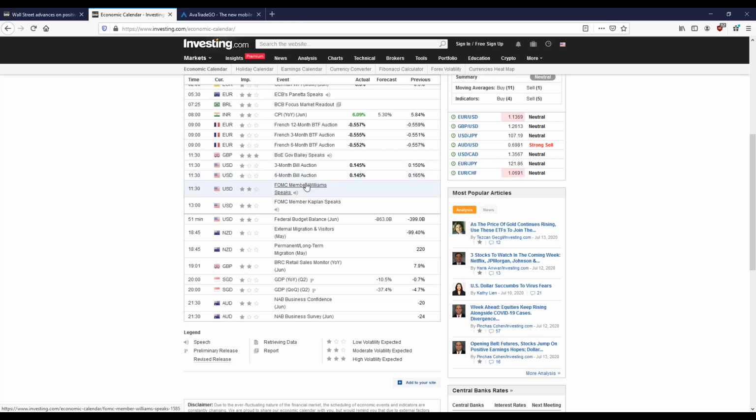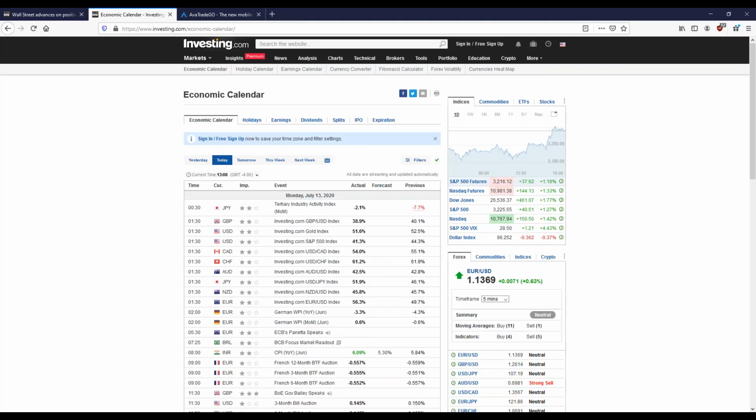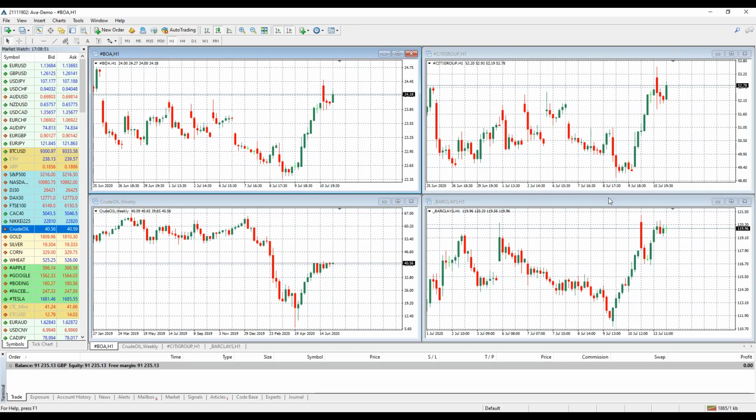So you have to be prepared with your technical analysis for potential reversals if one of the FOMC members, in this case Williams, has something negative to say. The markets do listen to those folks. So those are some things to keep in mind. Not a whole lot going on fundamentally, but some important news, some important momentum. So now as we go to the live charts, we can have some ideas about what's going on.